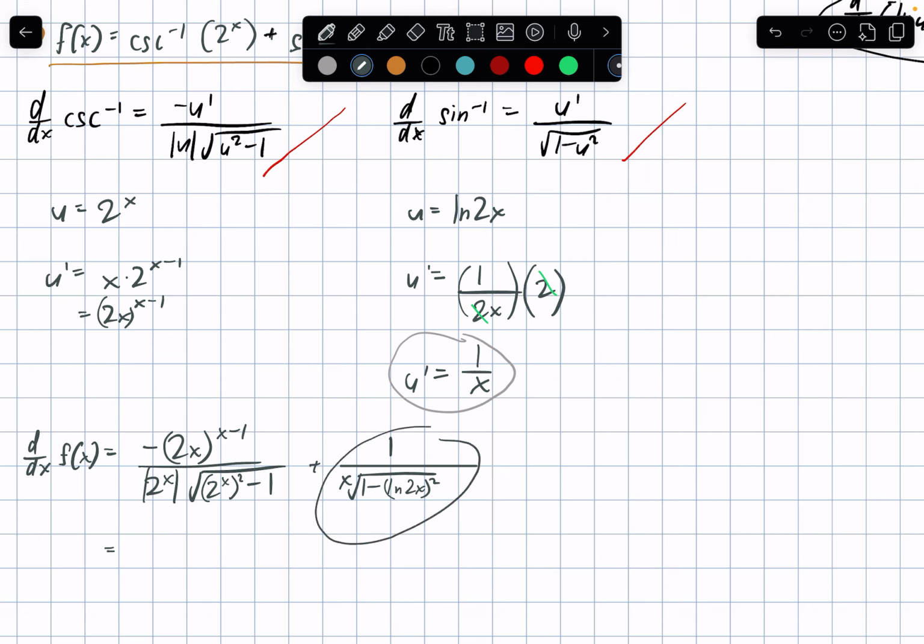This one's correct. This one, I'm not sure how to simplify the first fraction.